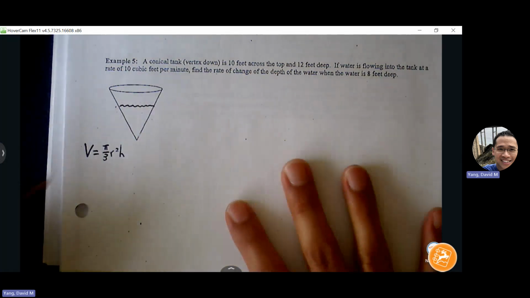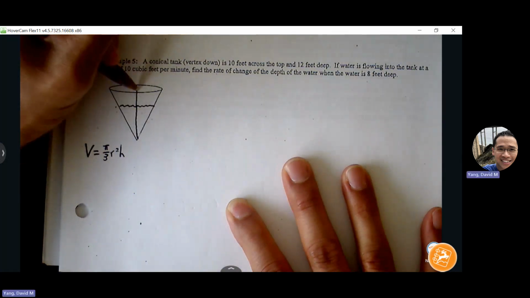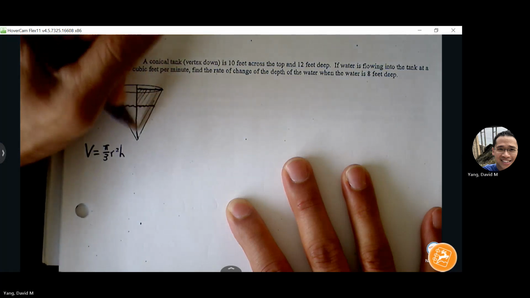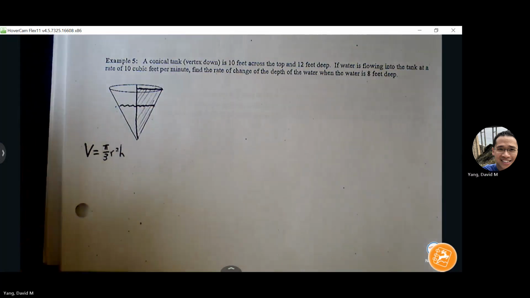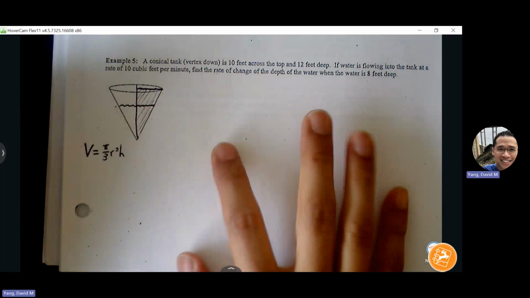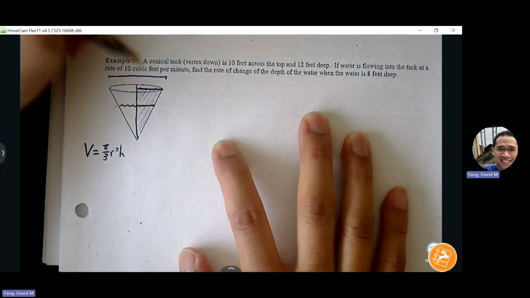Okay, so I want us to look at this cross section here. I want us to make an observation here. We want to break this down into radius and height. So it says it's 10 feet across.